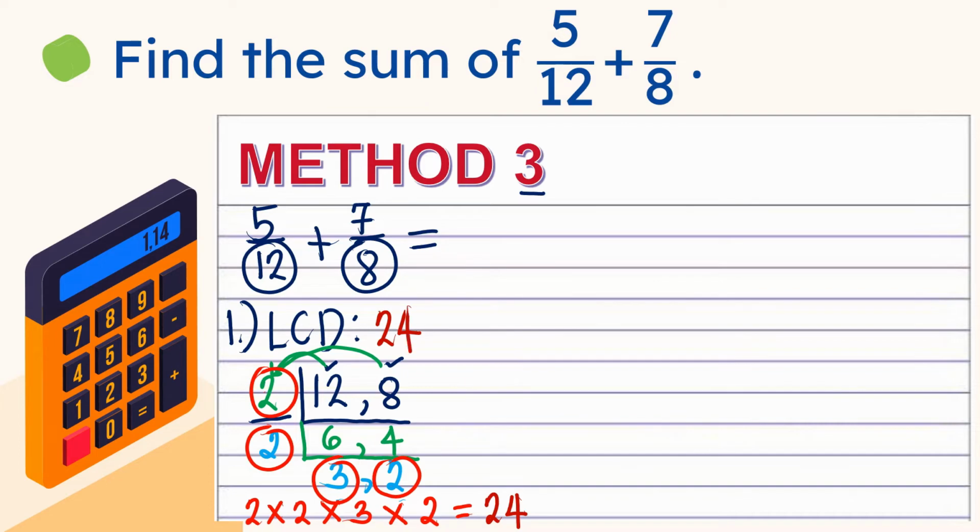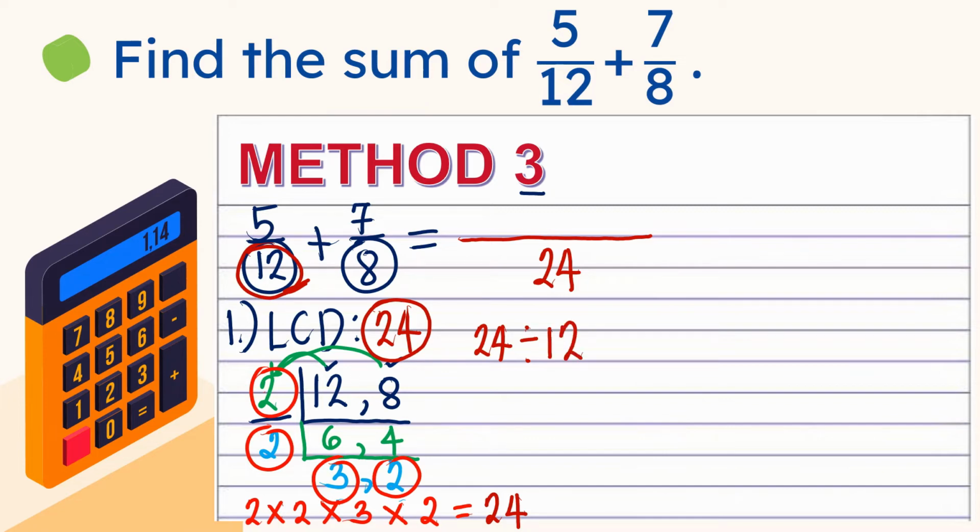Okay? Then, after that, same step ulit. Proceed to step number 2. For step number 2, ano ang sabi? Siyempre, kung ano yung LCD natin dito, yun yung ilalagay natin dun sa denominator. Don't forget that, okay? Yung 24 natin na LCD, i-divide lang daw natin yon sa 12.